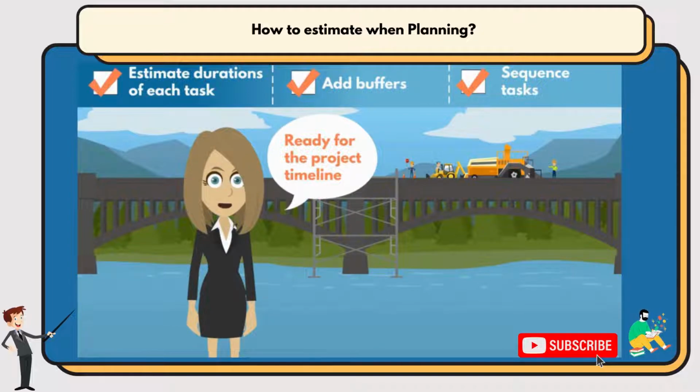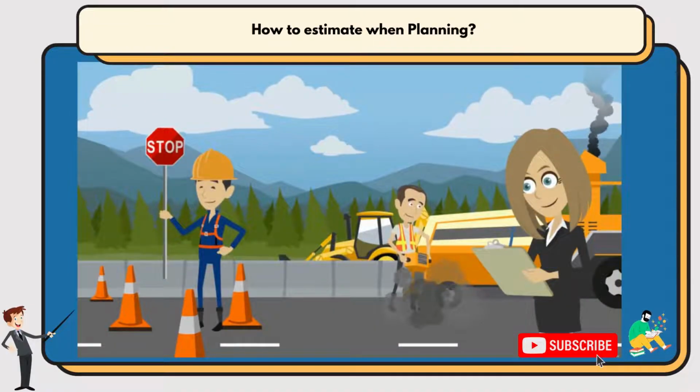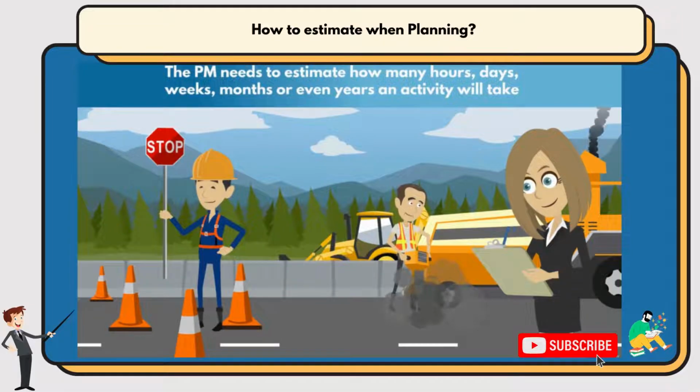So, estimating the durations of activities to achieve the deliverables. There is no one way of approaching this, but here is some best practice advice. The project manager needs to estimate how many hours, days, weeks, months, or even years an activity will take.